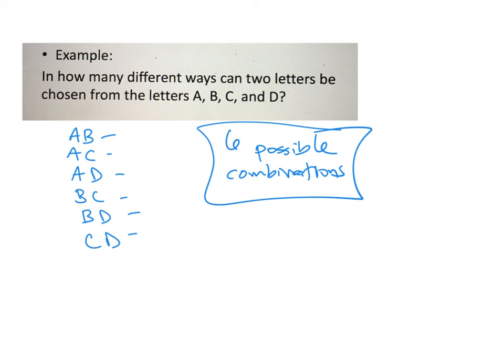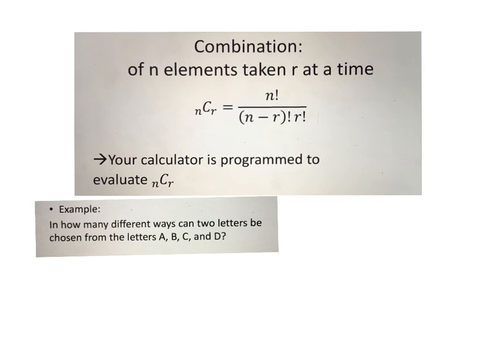This one is short enough that we can just write a list and count them up, but we need a formula, or a way to do something similar if the numbers get larger. The formula for combinations of n total elements taken r at a time looks like this.